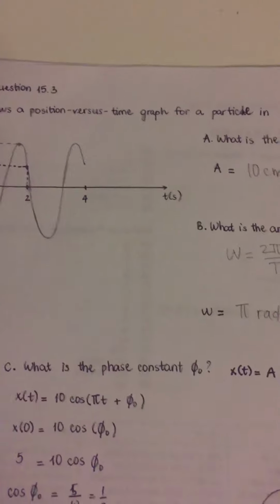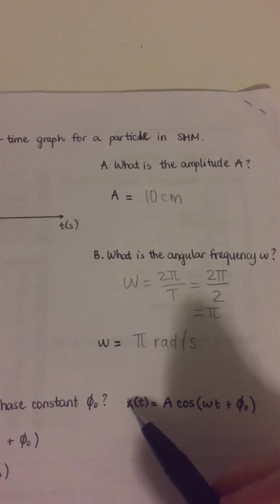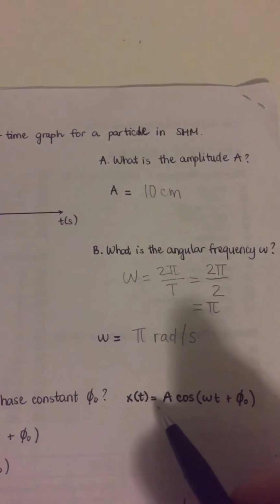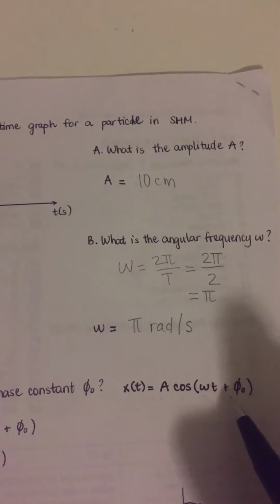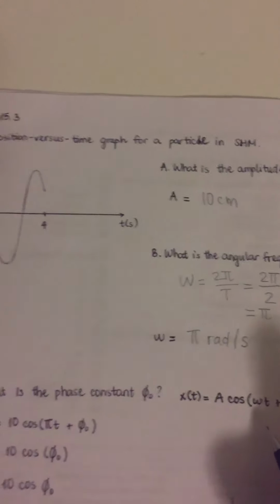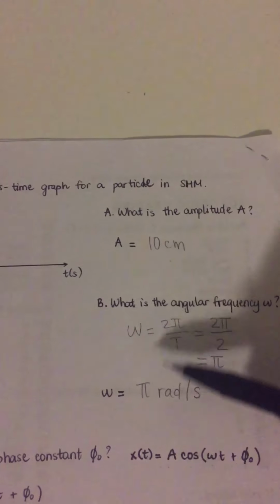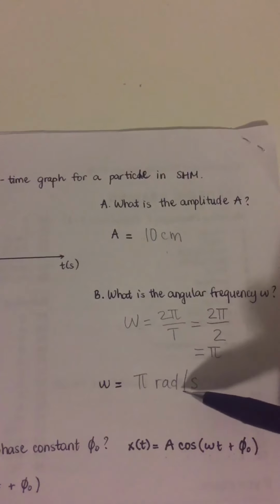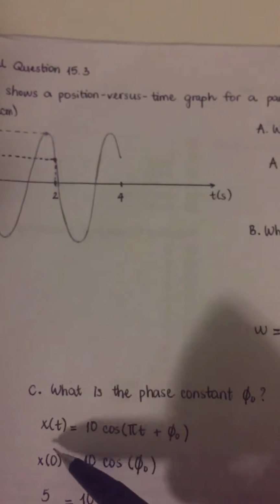And C, what is the phase constant phi naught? We know that our equation is x of t equals A times cosine of omega t plus phi naught. We already know that A is 10 centimeters and omega is pi radians per second, so I'm just going to replace those values here.